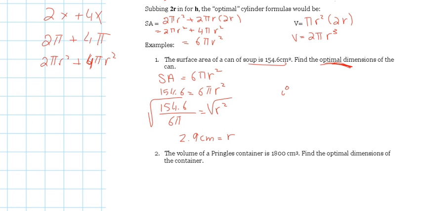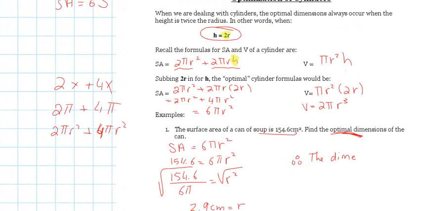Now be careful here. Can I have your attention here? So your radius is 2.9. What's your height? Two times that. That's right, because remember that your height is twice the radius. So if your radius is 2.9, then your height is 5.8.